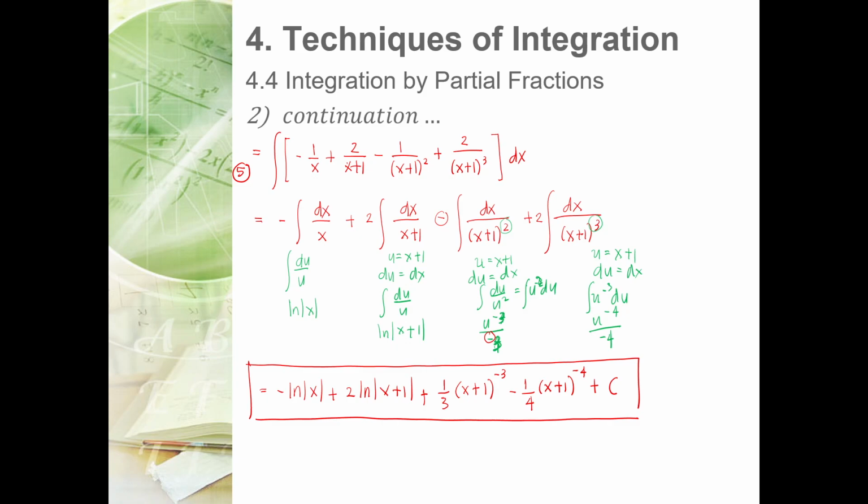Is it u to the negative 3 over negative 3? Or is it negative u raised to the power of negative 1 over negative 1? Is it also negative 1 for the negative 3 one, sir? It's negative 1 also. I get confused because I have a derivative class in my architecture class, and I sometimes confuse derivatives and integrals. Sometimes I derive rather than integrate.